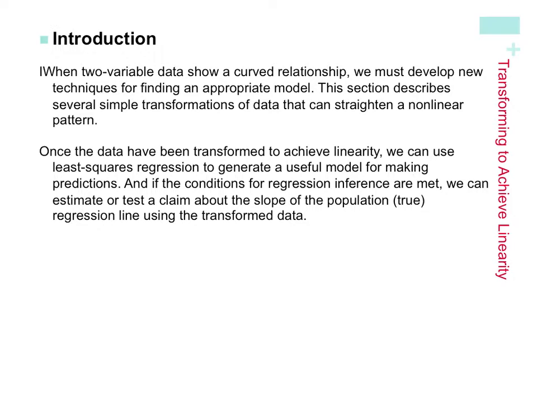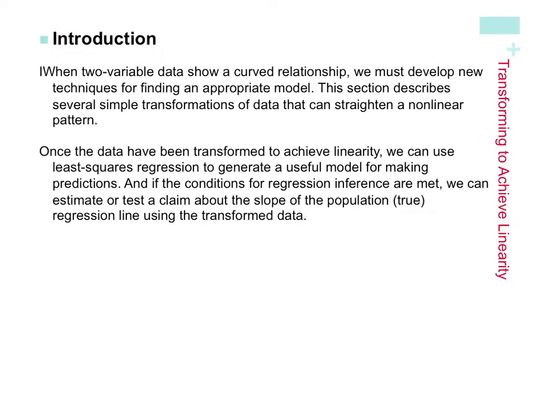So when two variable data show a curved relationship, we must develop new techniques for finding an appropriate model. This chapter is going to describe several simple transformations of data that can straighten a nonlinear pattern. Once the data have been transformed to achieve linearity, we can then use a least squares regression to generate a useful model for making predictions.